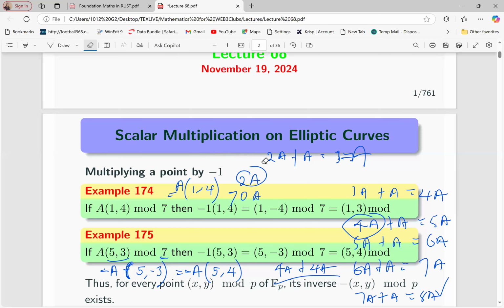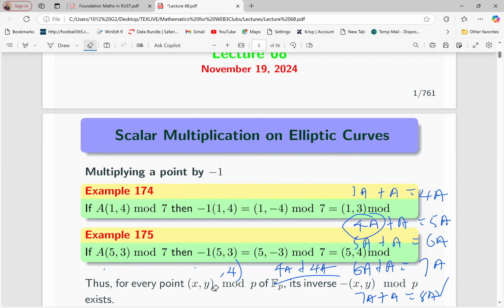What the code will be doing will be doubling, then adding. That's what the code is supposed to do. So for us, therefore, to write a code to assist us do scalar multiplication, we must first of all know the formula for doubling of points and then adding of points.